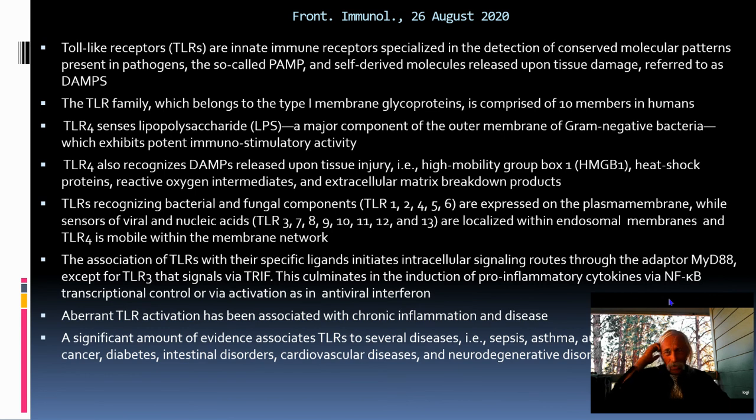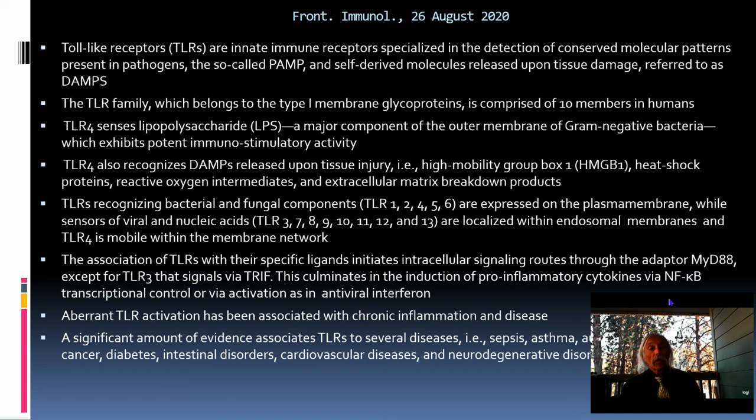Okay, so LPS will cause a tremendous immune inflammatory response when it's used to induce that. So TLR4 also recognizes DAMPs. Those are damage-associated molecular patterns. Those are caused by the host, right? Those are released upon tissue injury.